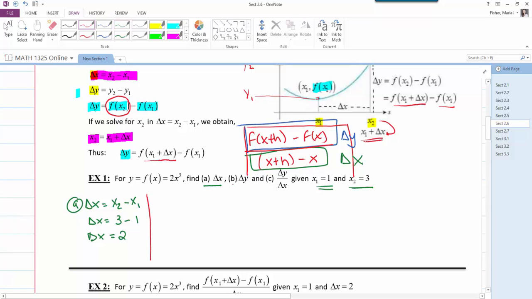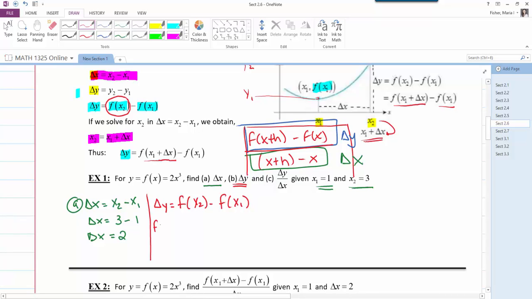Second thing I'm asked to find is delta y. Well, delta y is equal to the function's value at x sub 2 minus the function's value at x sub 1. So in order to find delta y, I need to figure out what happens to the function when I plug in 3 and what happens to the function when I plug in 1.